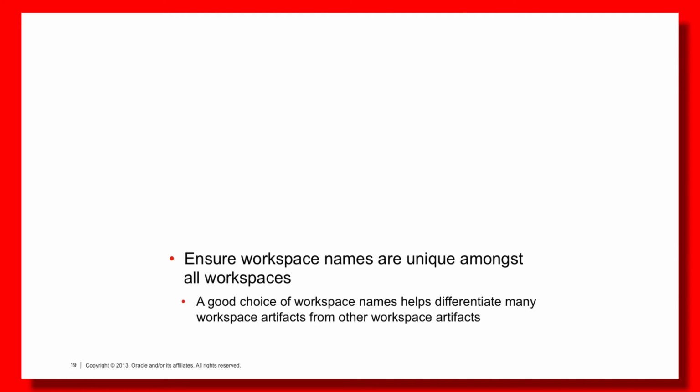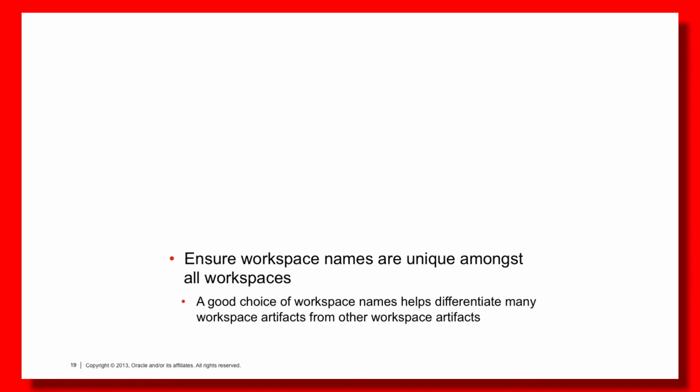Now the next thing we want to do is ensure that we have workspace names that are unique amongst all workspaces. Your workspace is a primary artifact from an architectural point of view and will be shared across numerous applications, numerous BTF workspaces, and so on and so forth. So a very strong guideline here is to make sure that those workspace names are unique, because that will assist you in identifying one from another.